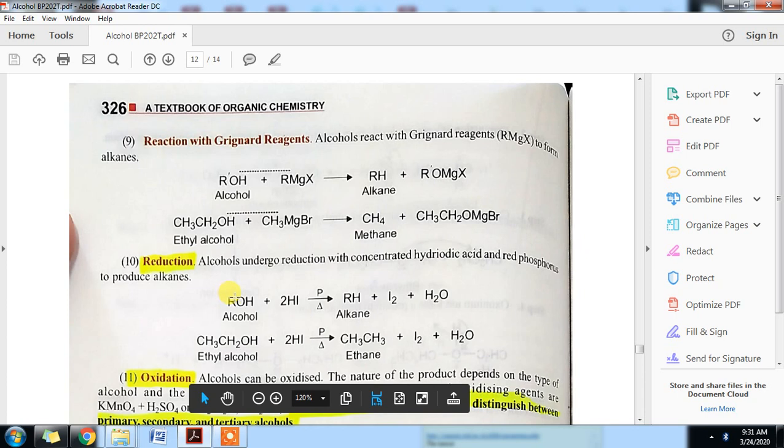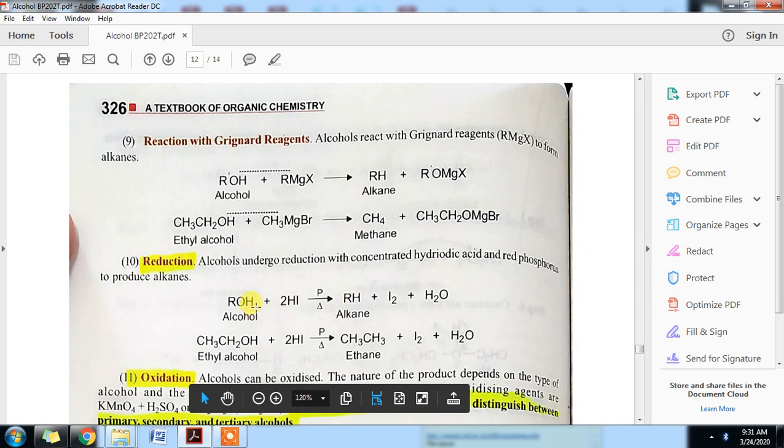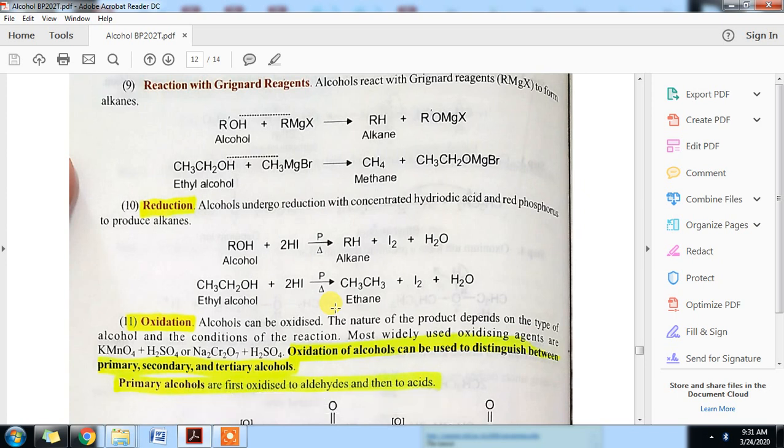Reduction reaction upon alcohol: like your RX alkyl halide upon reduction, what you are supposed to get, alkane. Similarly, alcohol upon reduction, reduction is nothing but removal of oxygen or addition of hydrogen. So here removal of oxygen is occurring, so RH is there. Alkyl halide also behaves the same way, right? RX upon heating with metal or whatever the condition, it gives RH, and HX would be removed.